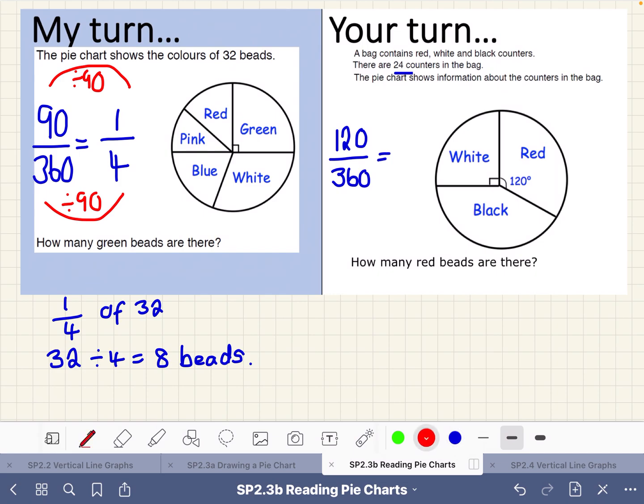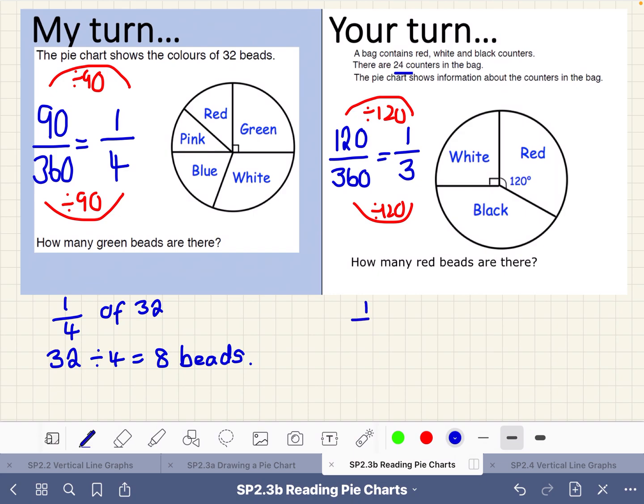You should be able to spot that 120 will go into itself, and it will also go into 360, which breaks this circle into a third to represent the red.